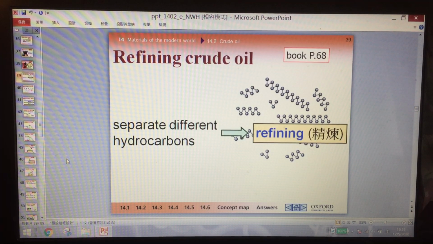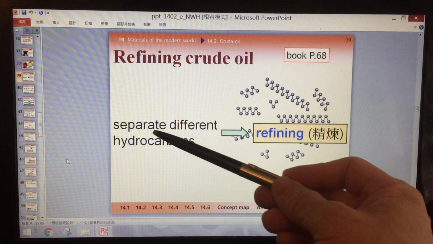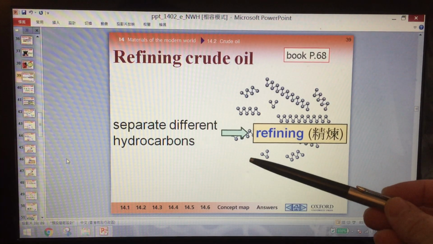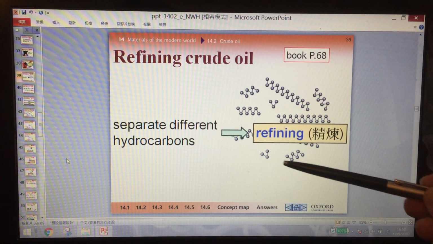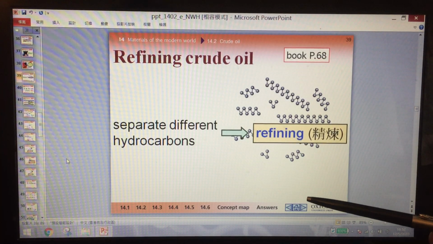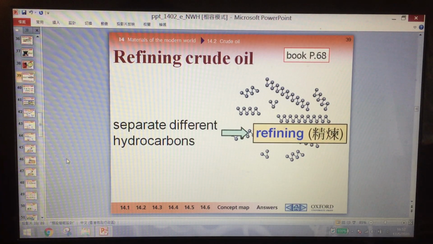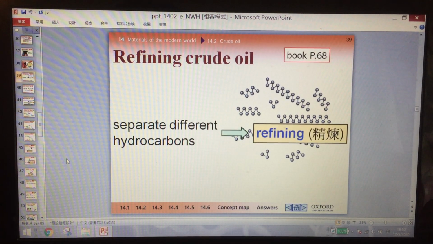So to use the crude oil effectively, we need to separate the different hydrocarbons. That means we want to separate the small size, the medium size, and the large size. Okay, we separate. And this is refining.